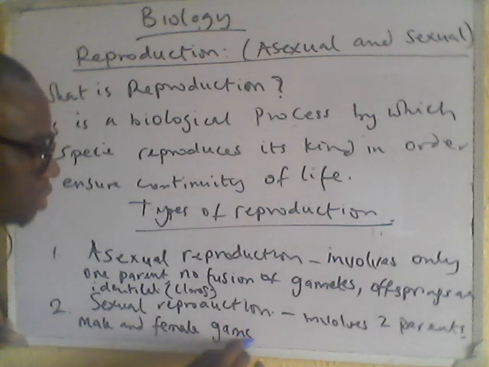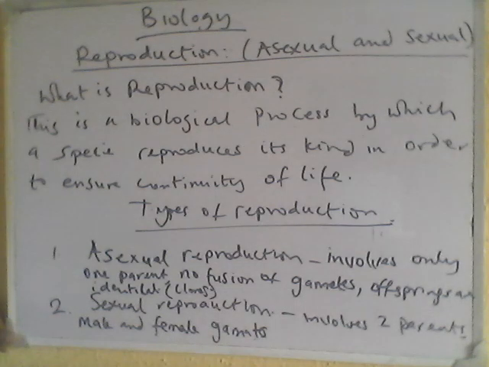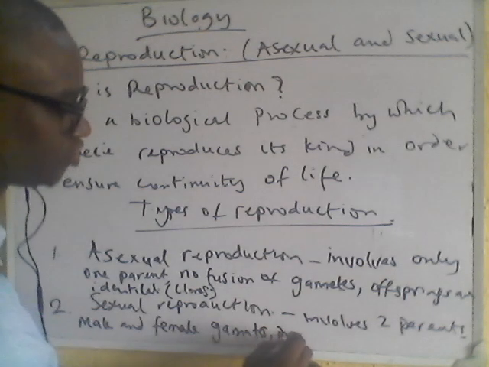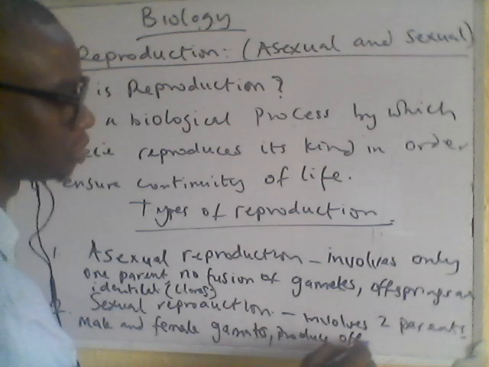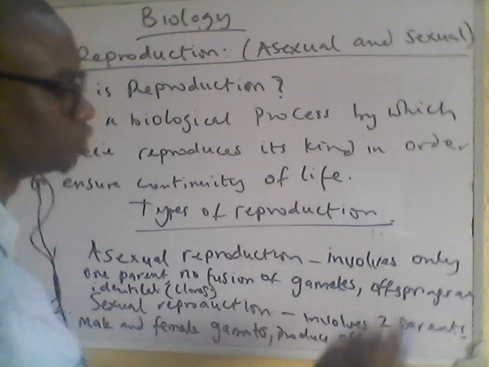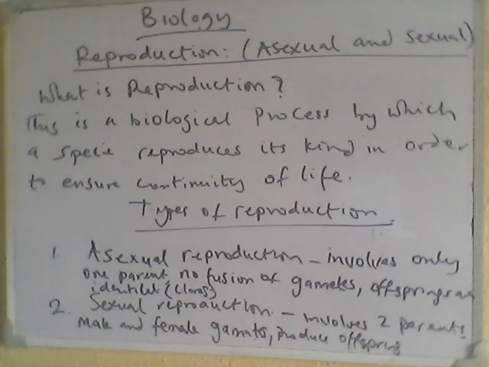And it produces offspring with slight variation. Why? Because both parents will contribute gametes, and there will be a distortion. Whereas for this first one, asexual, you will see that it's exactly the same. The single parent reproduces itself in its offspring.